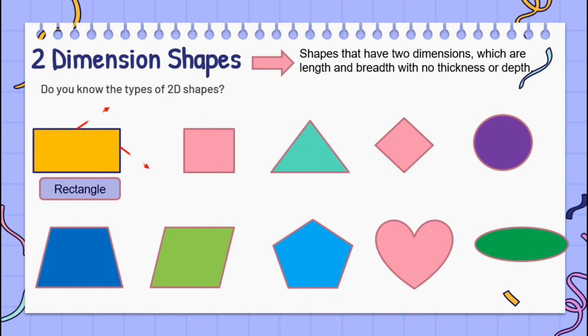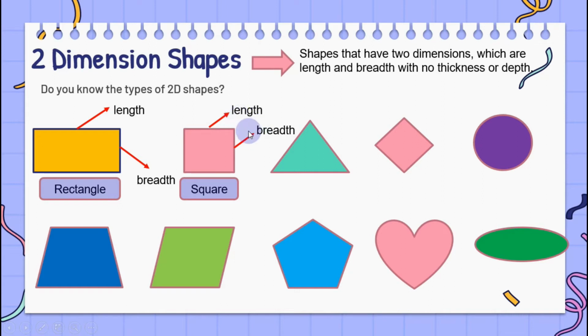This is a rectangle. It has length and breadth. Square. It has 4 equal sides. This means the length and the breadth are equal.